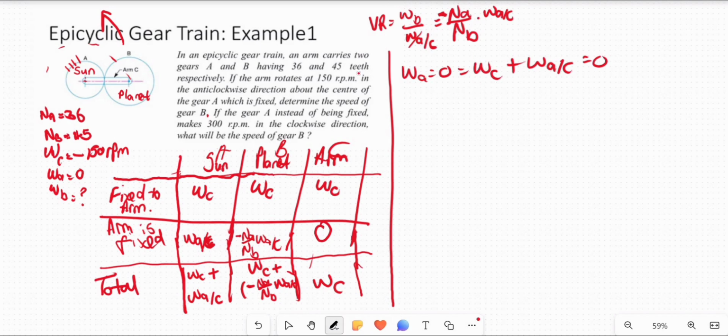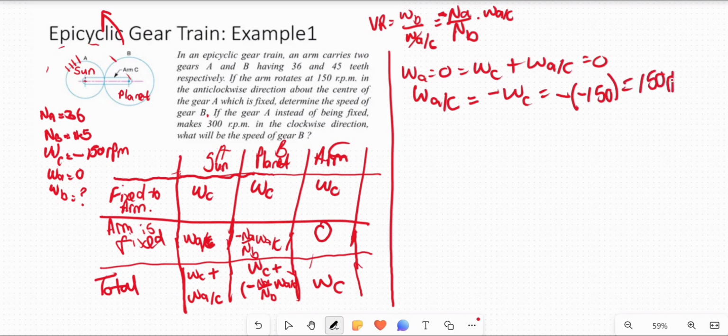Omega A with respect to C is equal to negative omega C. What was omega C, by the way? Omega C was negative 150. So negative negative 150, which is equal to 150.